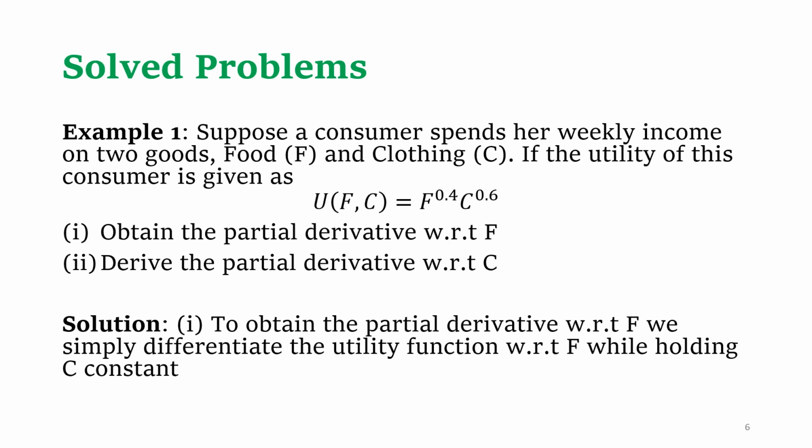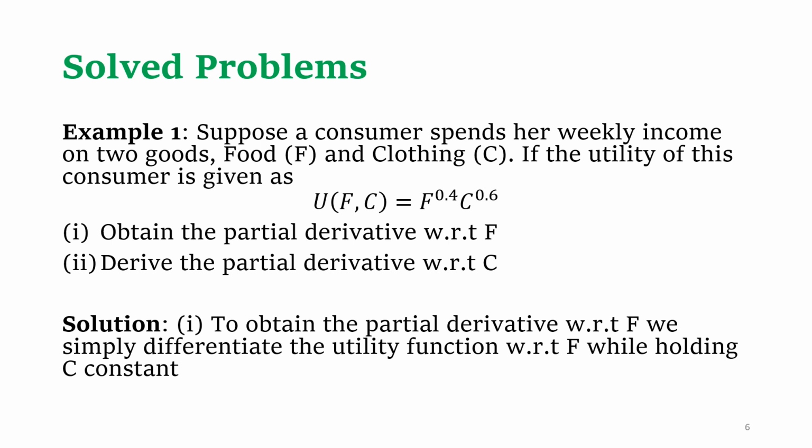Now, let's try to solve some problems here. Suppose a consumer spends a weekly income on two goods, food and clothing. If the utility of this consumer is given as U(F,C) equals F to the 0.4, C to the 0.6.